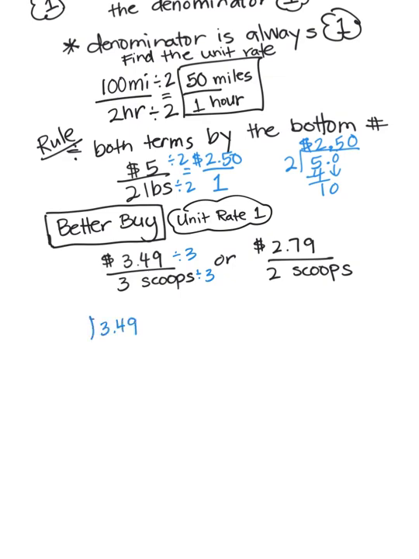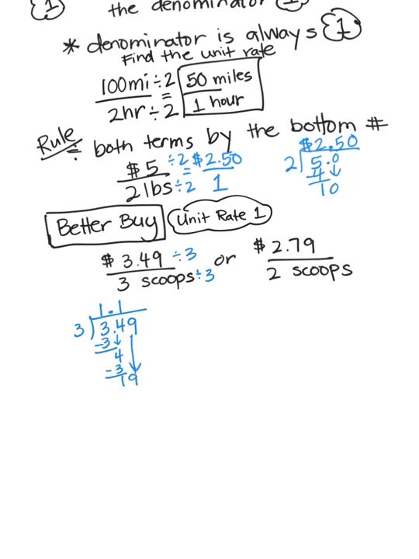So I have to go $3.49 divided by 3. I'm going to float my decimal at the top so I don't forget. And remember, we're talking about money, so we're going to stop in the hundredths place because money doesn't go farther than the hundredths place. 3 goes into 3 one time. 1 times 3 is 3. I'm going to bring down that 4. 3 goes into 4 one time. 1 times 3 is 3. 4 minus 3 is 1.